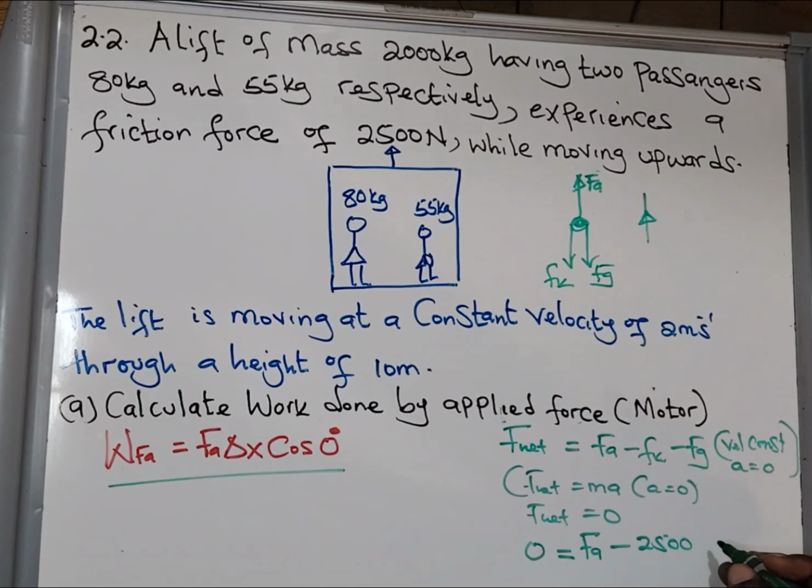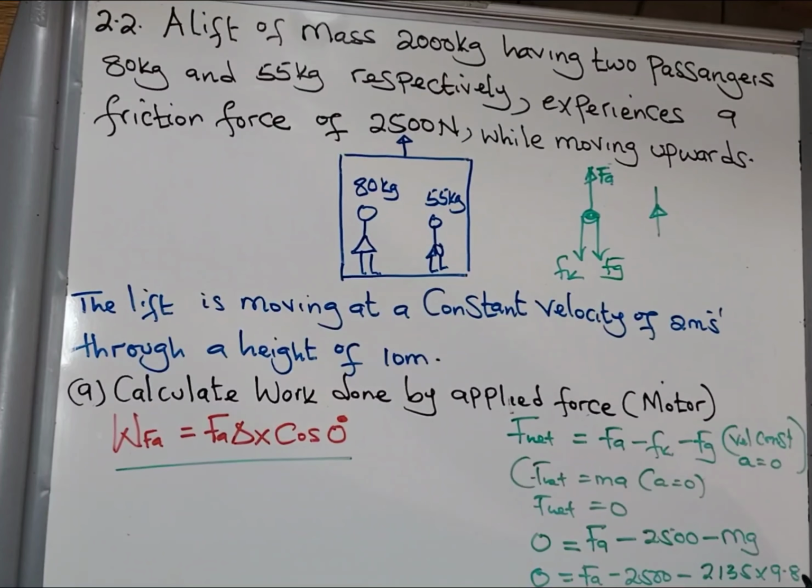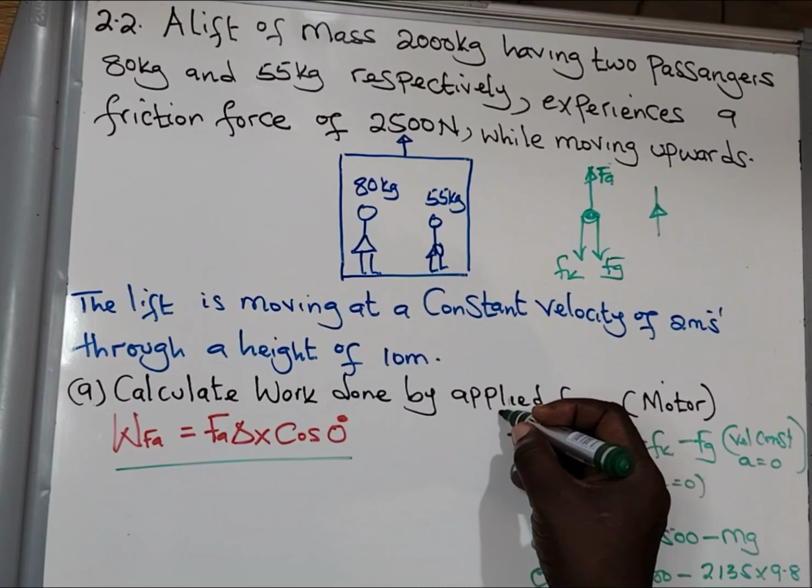And we know Fg. Fg is the same as mg. So we can say 0 is equal to Fa minus 2,500 minus mass. The mass must be the total mass of the lift and the occupants, times g, which is acceleration due to gravity.